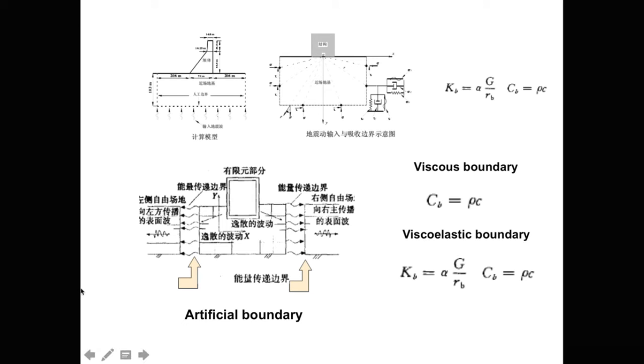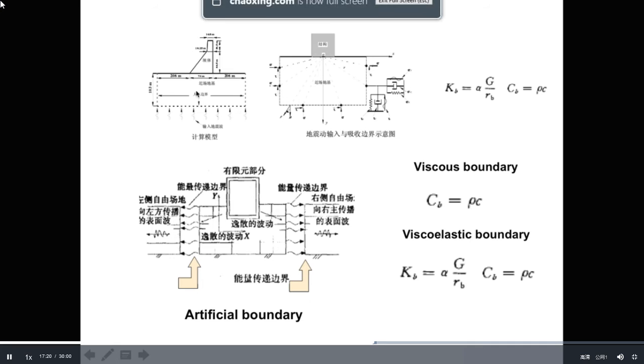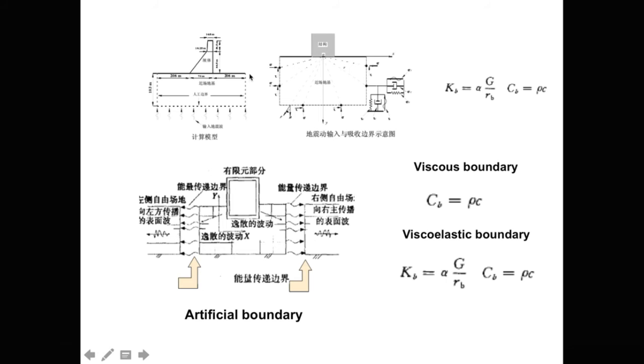Here, let's see. For practical engineering, concrete dam, set on a soil. Then we select a zone of soil, and surrounding this zone, we have to apply the boundary element. For example, viscous boundary or viscoelastic boundary surrounding it. And this is the diagram.